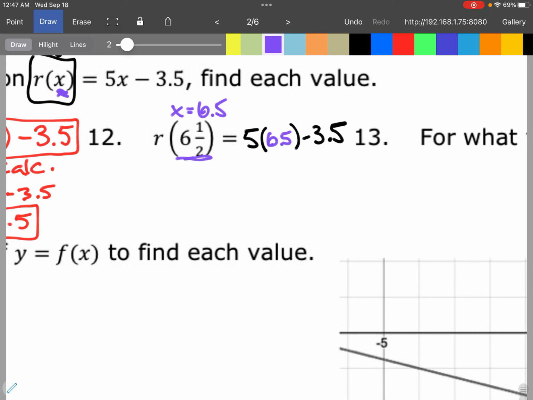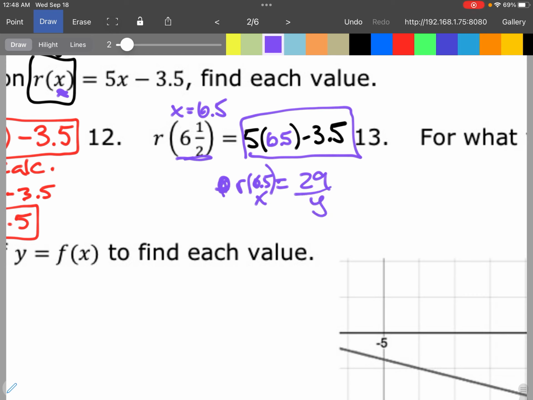I'm going to type in 5 times 6.5. I end up with 32.5. And then I'm going to take away 3.5 and end up with 29. Easy money. Oop, not R, but F of 6.5 is equal to 29. When X is 6.5, Y is 29. All right, that's how that works.